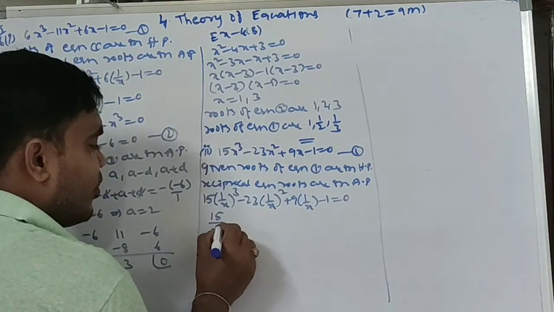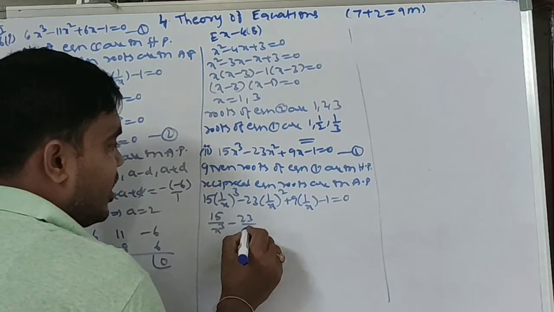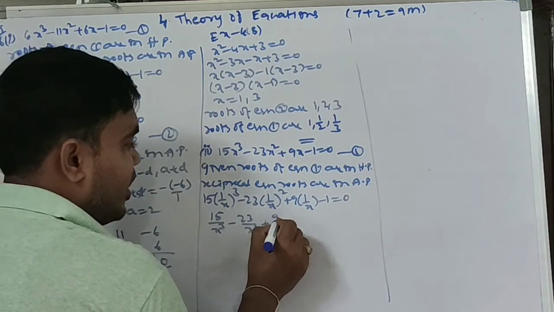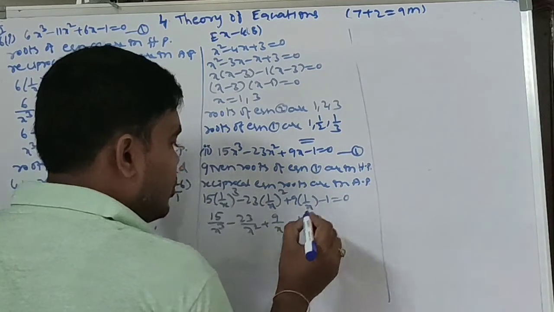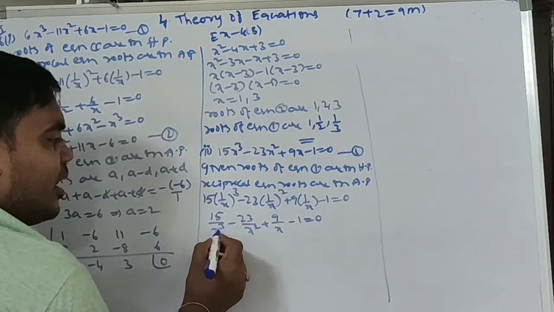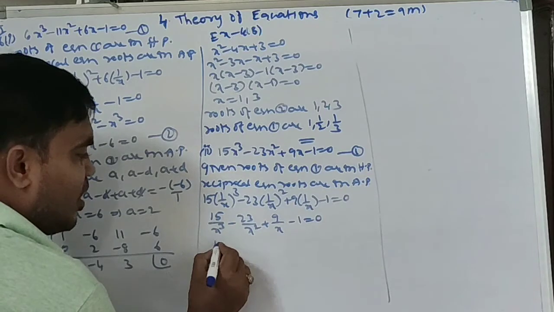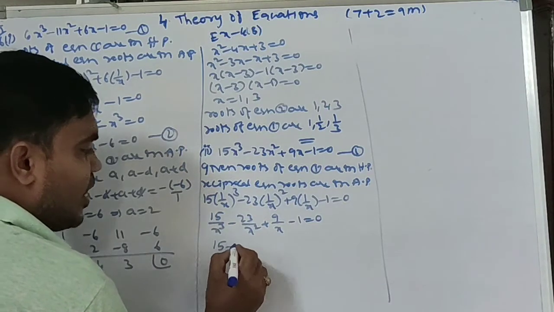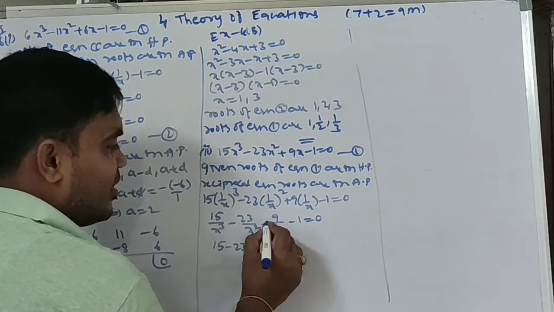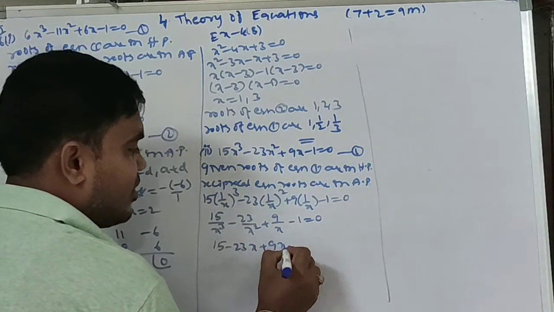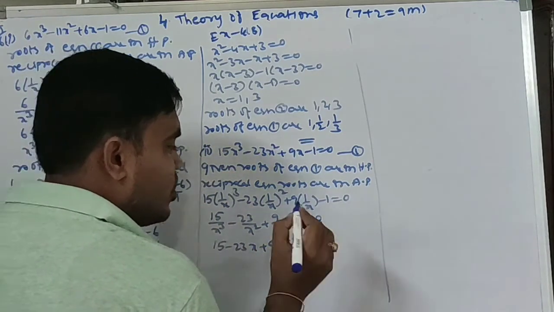That is 15 by x cube minus 23 by x square plus 9 by x minus 1 equal to 0. The highest power is x cube, so we multiply with x cube. 15 cancels x cube, minus 23 x cube by x square gives x, plus 9 x square, minus x cube equal to 0.